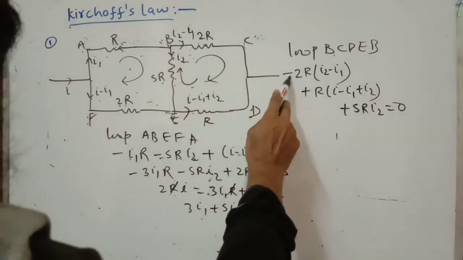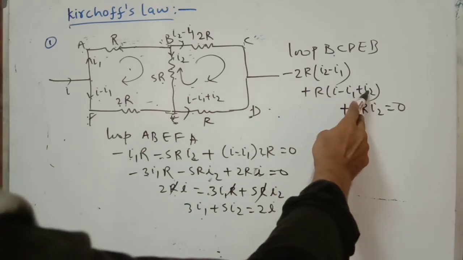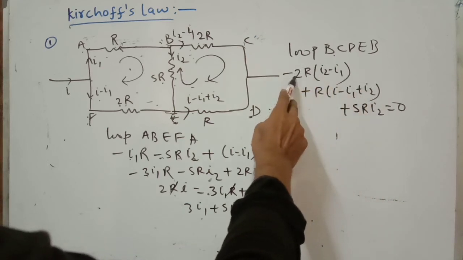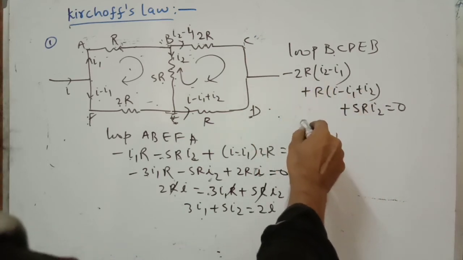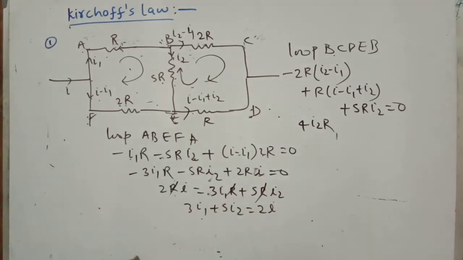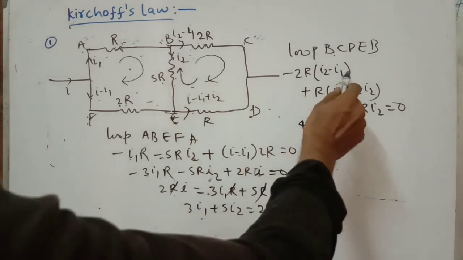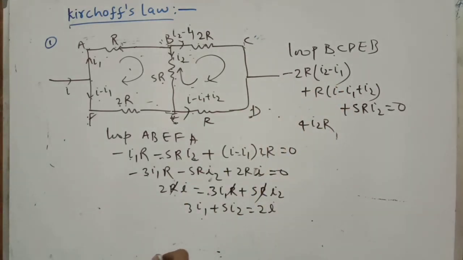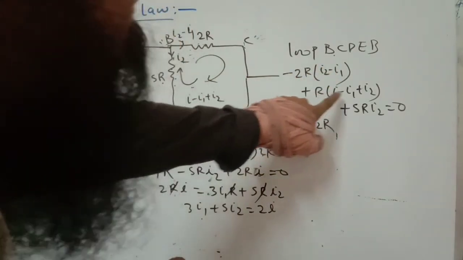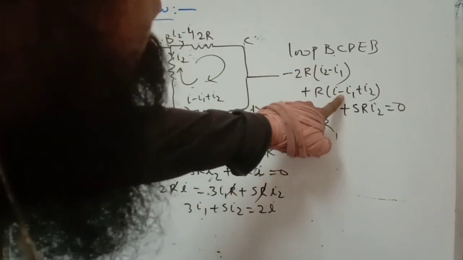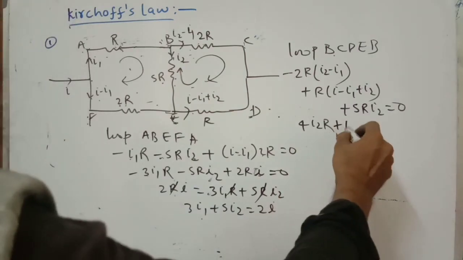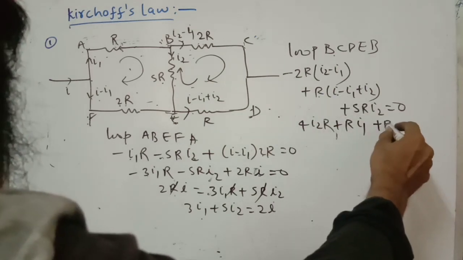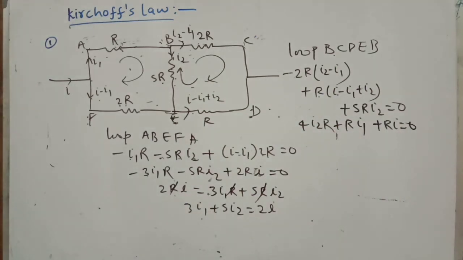So here you get minus 2I2 plus I2 plus 5I2, which is 4I2R, and for I1, plus 2I1 minus I1, so I1R, and then RI equal to 0.